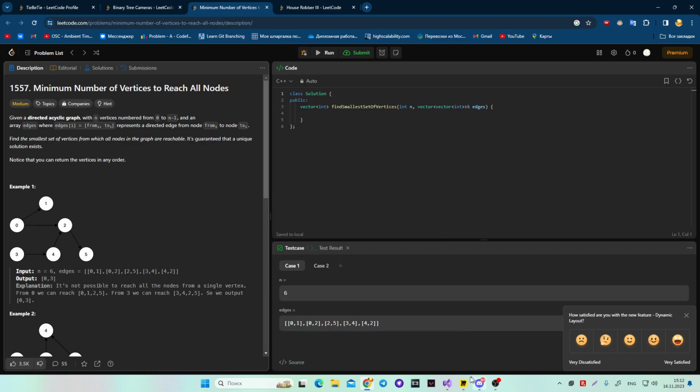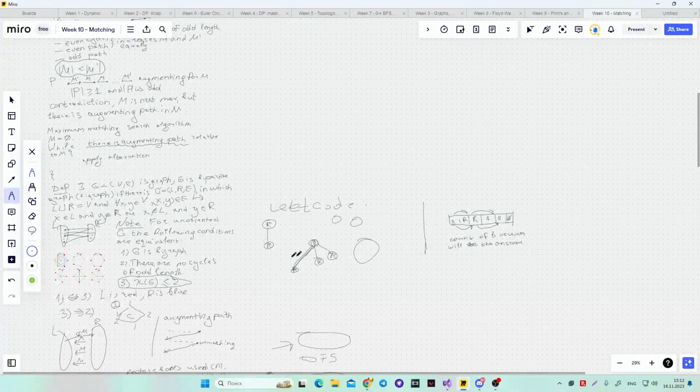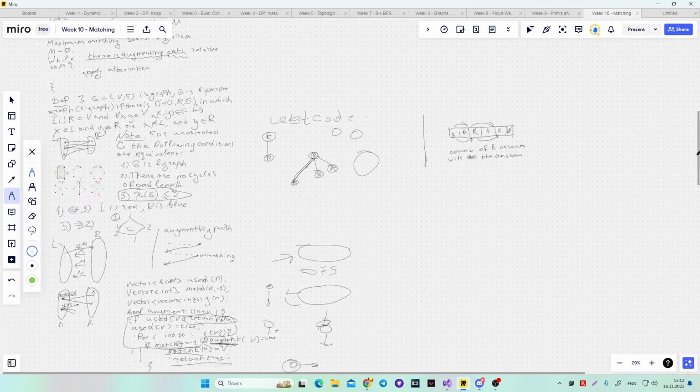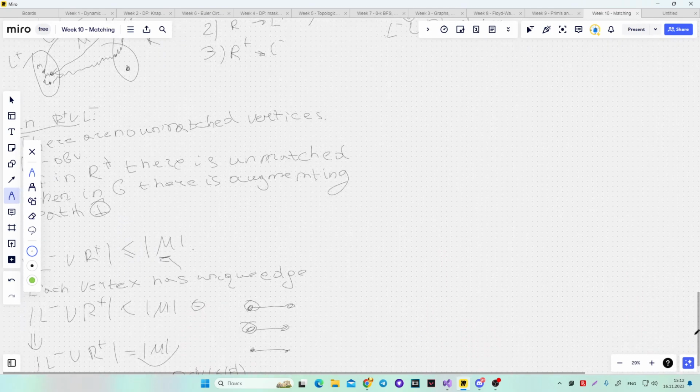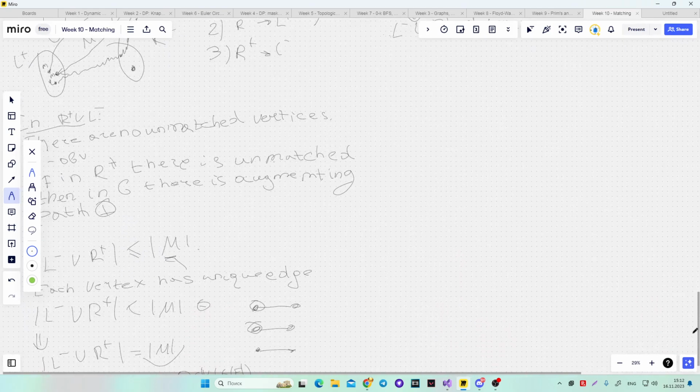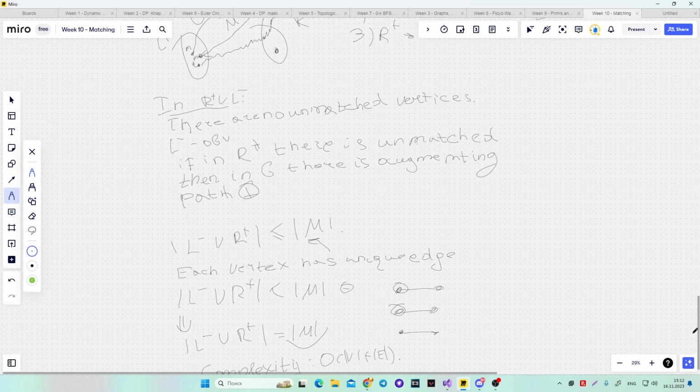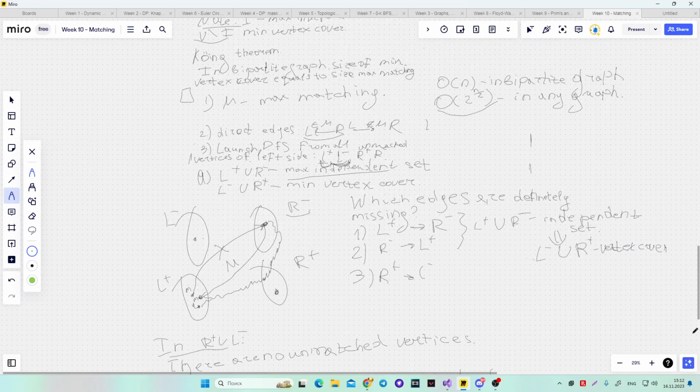In this algorithm we consider an unoriented bipartite graph, maybe with cycles. One second.